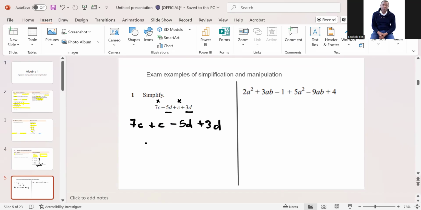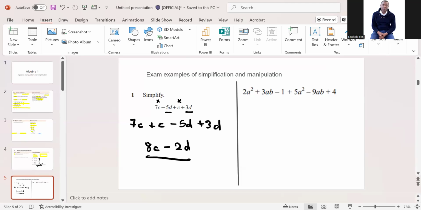Then all I need to do is simplify. So 7c plus 1c will give me 8c. And then here, be careful because it's a negative 5 plus a 3. You are adding 3 to a negative 5, so obviously the bigger number is 5, and you're going to end up with minus 2d. You can't go any further than that.